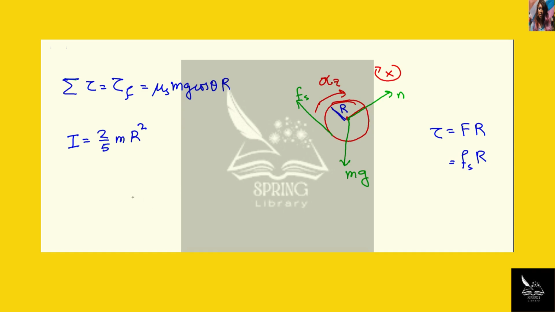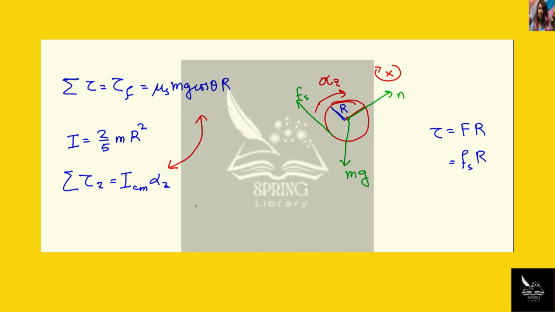Now, using tau z, because it's acting in the z direction, equals I CM alpha z, we can also figure out torque from here, which is this quantity times alpha. So we can compare these two to solve for our mu s.